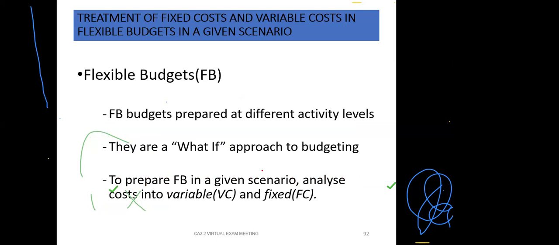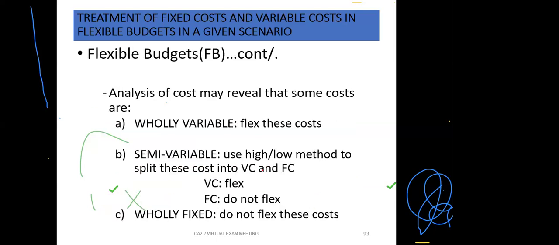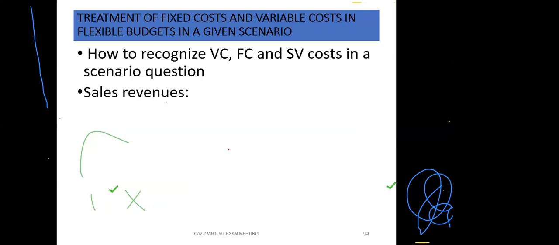Flexible budgets are prepared at different activity levels. They are a what if approach to budgeting. Analysis of costs may reveal that some costs are wholly variable. These we should flex. Those that are semi-variable, use the high-low method to split these costs into fixed and variable. Only flex the variable part.